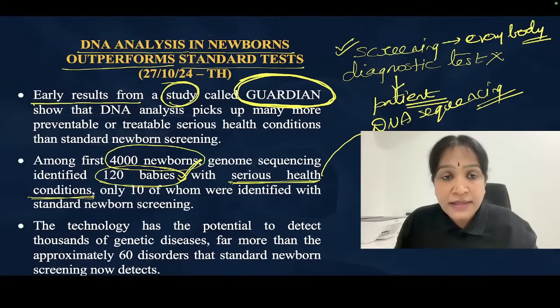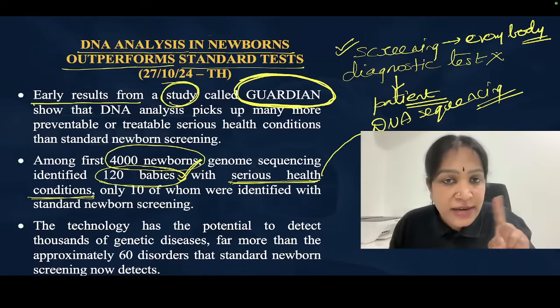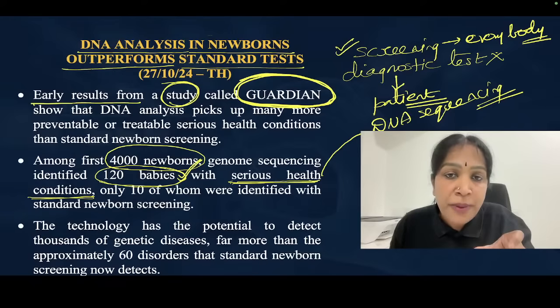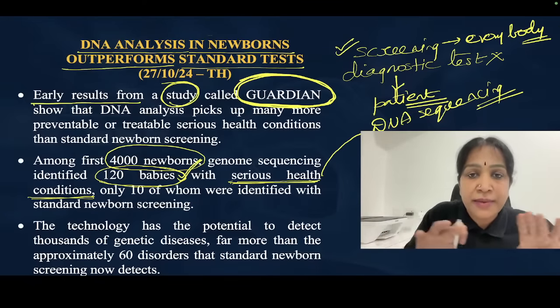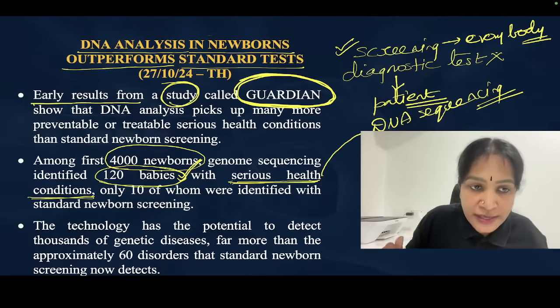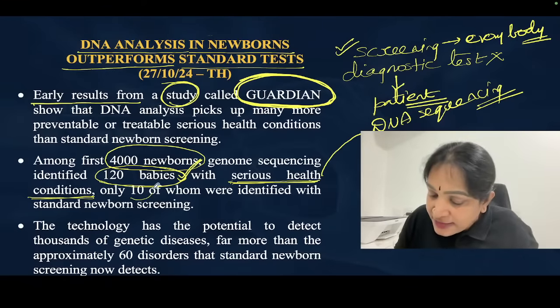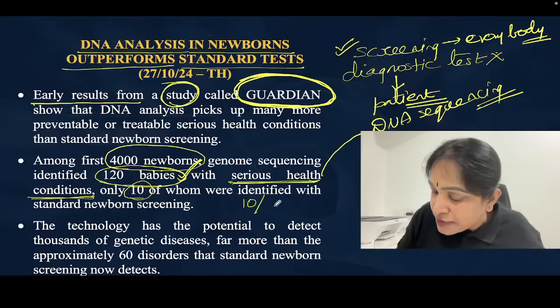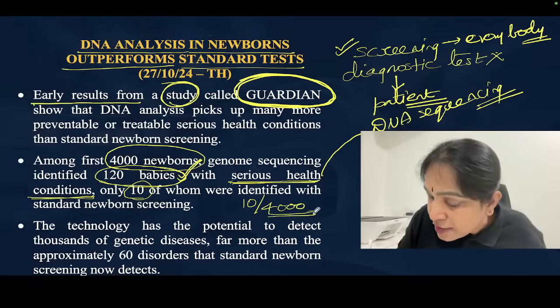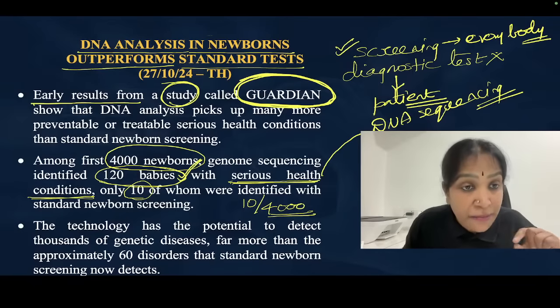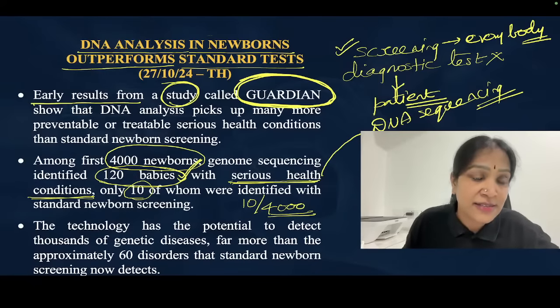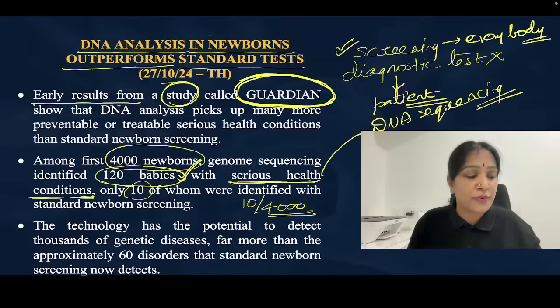Right. But if you go by the same old methods, the traditional methods of screening, then only 10 out of 4,000 babies were diagnosed with genetic diseases. It means 110 babies had diseases, but we failed in diagnosing them.